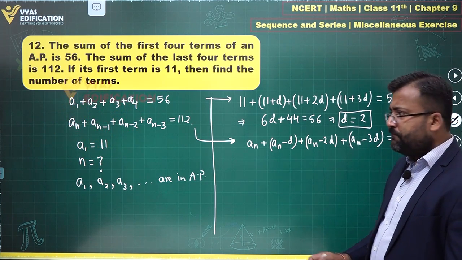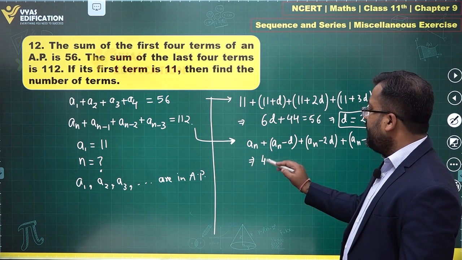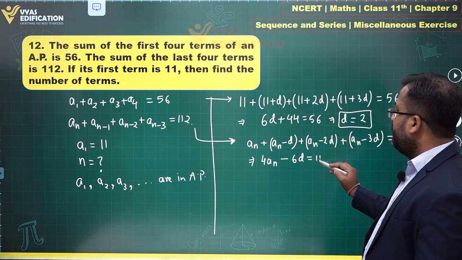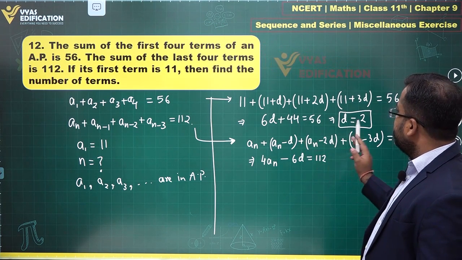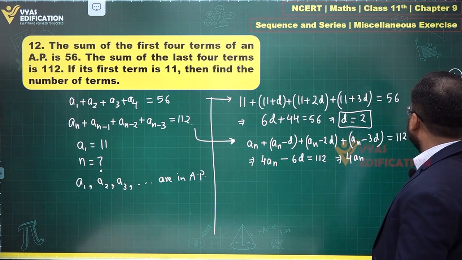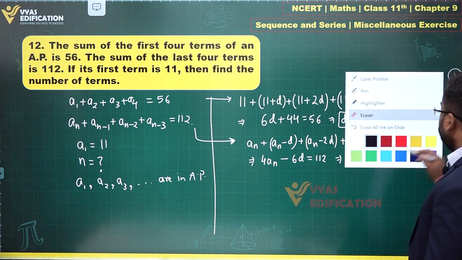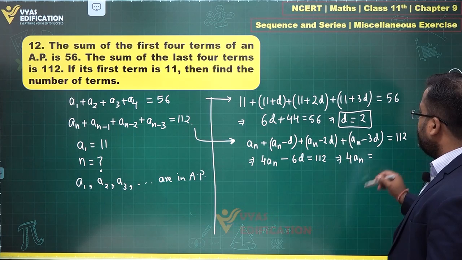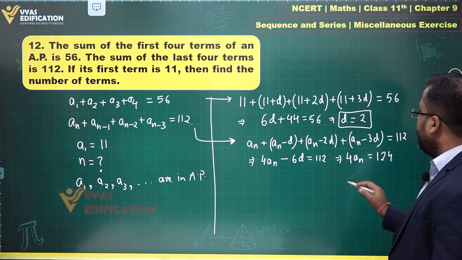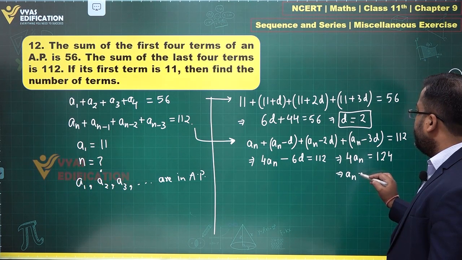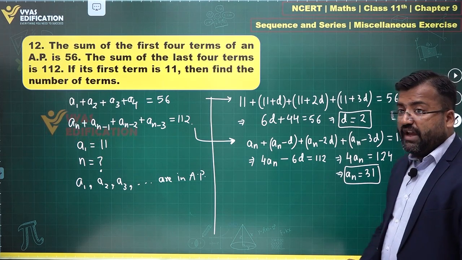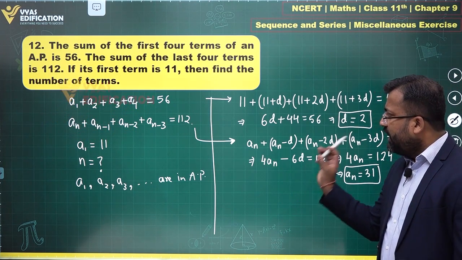Yes or no? 4an minus 6d is equal to 112. 6d, what is 6d? 6d is 12, so that leaves us with 4an is equal to 112 plus 12, which is 124, and that tells me an will be 31.